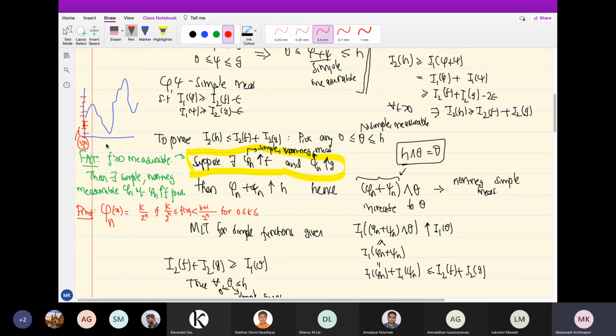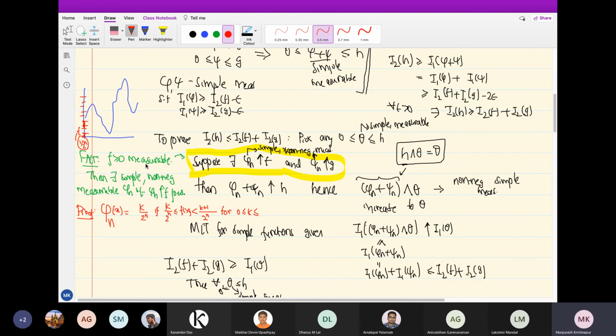In other words, if it is between 0 and 1 over 2 to the n, any point where f x takes values between 0 and 1 over 2 to the n, I set phi n of x to be 0. And when f x is between 1 over 2 to the n and 2 over 2 to the n, I set it to be 1 over 2 to the n, and so on.